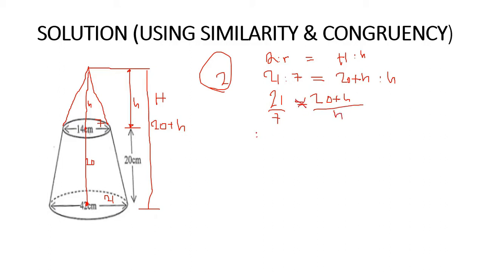We have 21h, which is equal to 7 times 20, definitely 140, plus 7h. We group the like terms, so we are having 21h minus 7h.